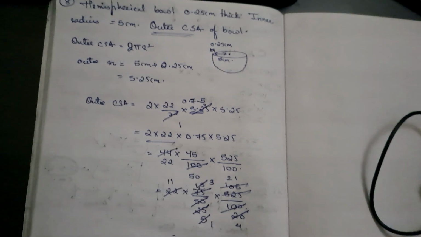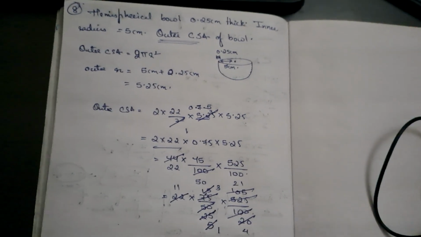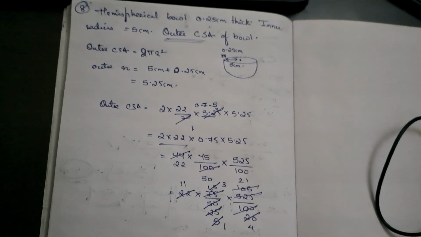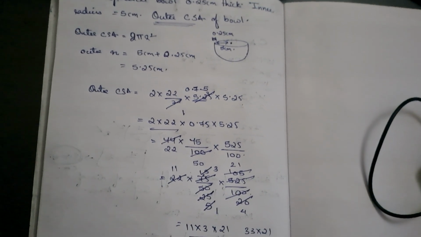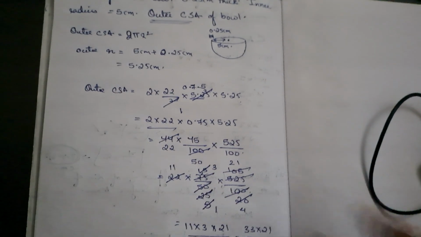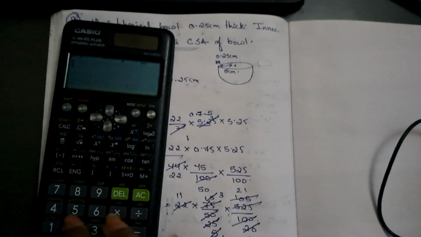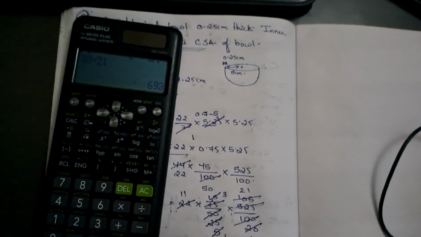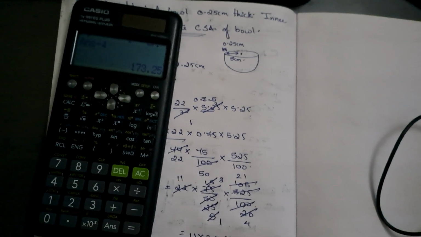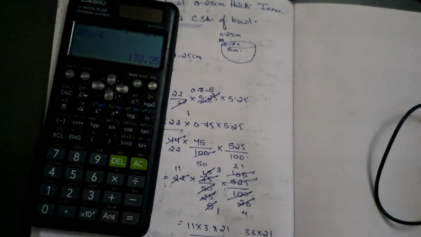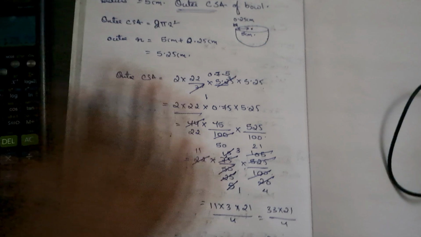Times 21 upon 4. 33 times 21 upon 4 is what I'm going to get in here. Okay. Now we need to simplify it using normal multiplication and division method in here. That turns out to be 33 times 21 divided by 4. That's equal to 173.25 centimeters square would be the outer CSA of the bowl.